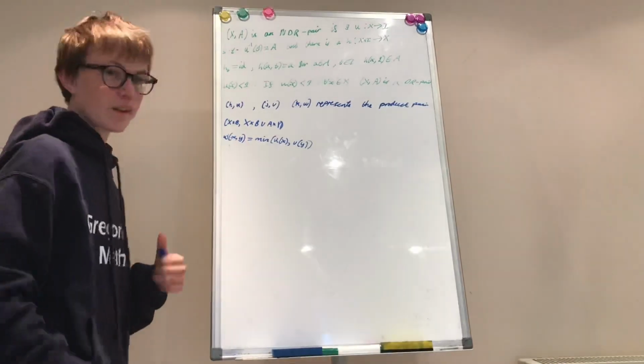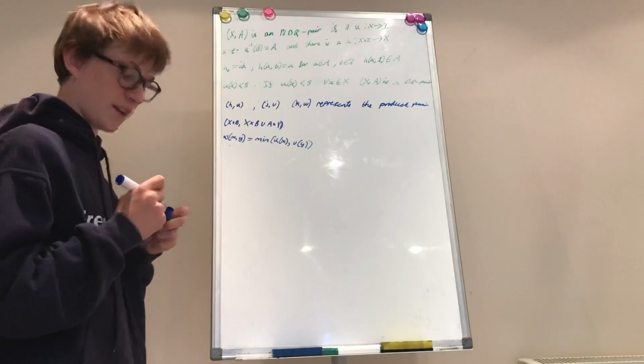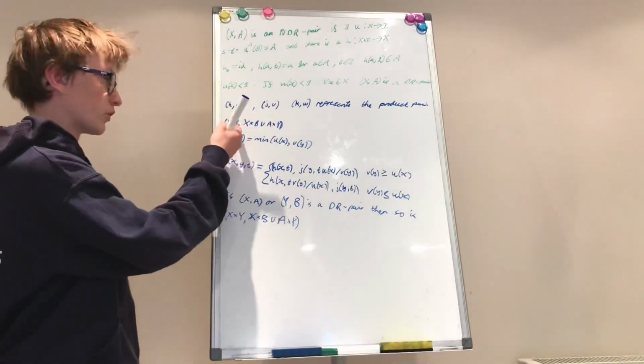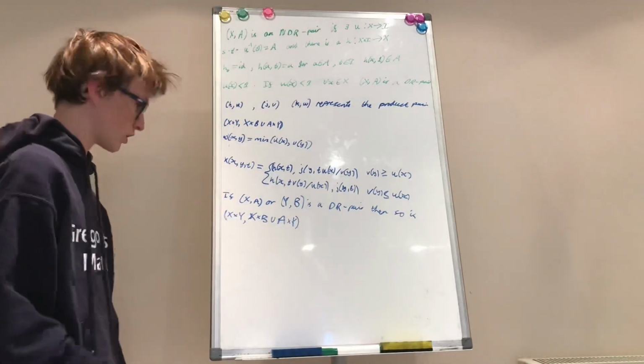I'm just going to cut out the part where I write how to define K because it takes ages. I wrote out the rest of the theorem, and sorry, the product pair is X cross Y, not X cross B, sorry for the confusion.